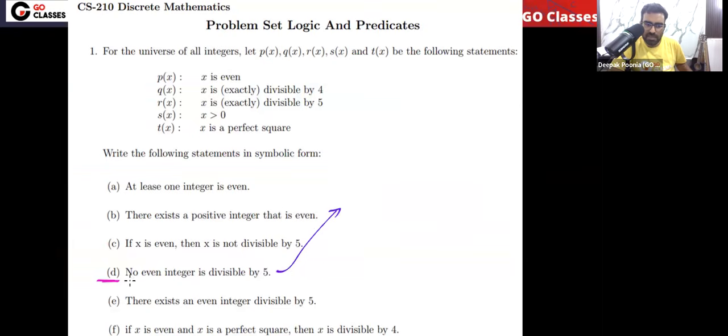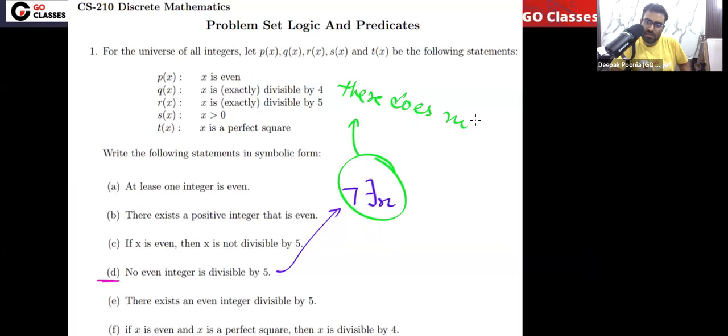Either I can say that there does not exist any even integer that is divisible by 5. There does not exist. Or I can say there is no element x such that.